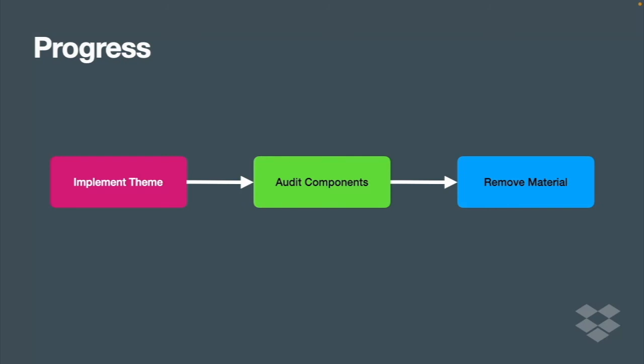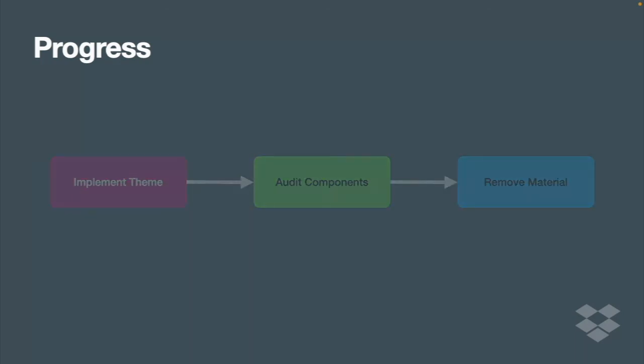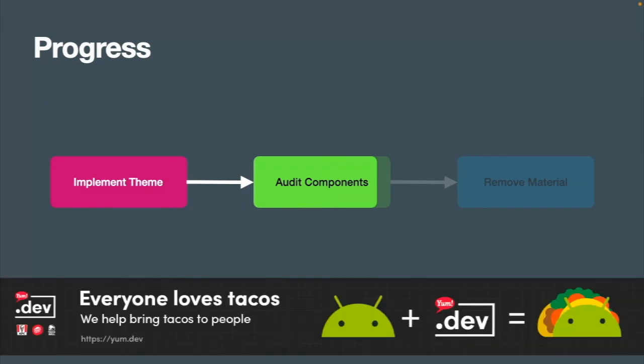And then we'll be able to remove Material from the API of this. Right now, the theme's been implemented, we're using it in production, and we're in the auditing of components at this point. So we're not quite at removing Material, but we're getting there.